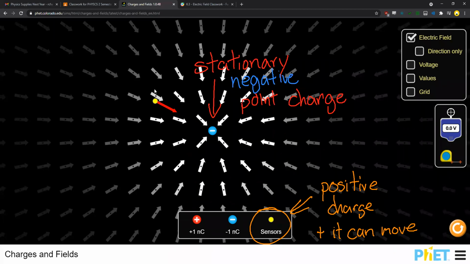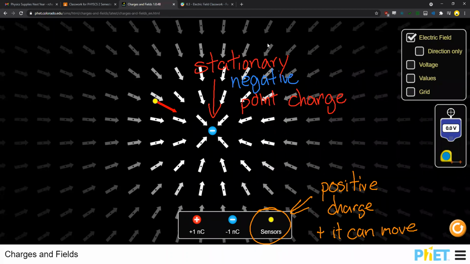Do you guys understand what I'm trying to get at here about electric field lines? Or is there any confusion about what would happen? Right, which is why the arrows point inward. Which is why we draw our electric field lines as pointing towards the negative.